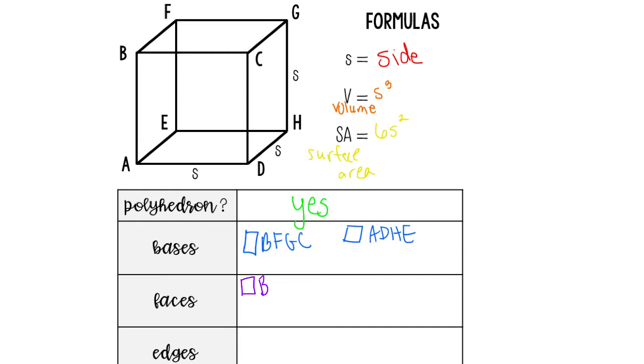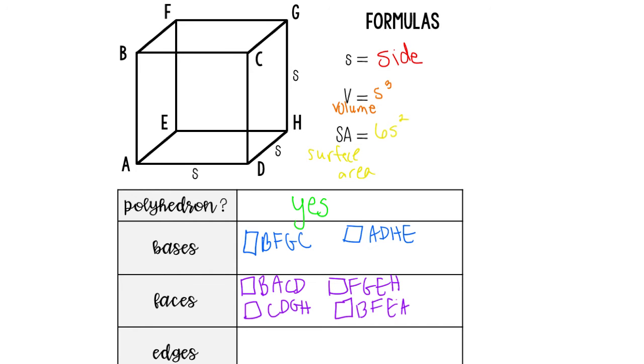B, A, C, D is the front face, and C, D, G, H on the right, F, G, E, H in the back, and B, F, A, E, or E, A, so sorry, on the left. Those are the 4 faces that go around the outside.